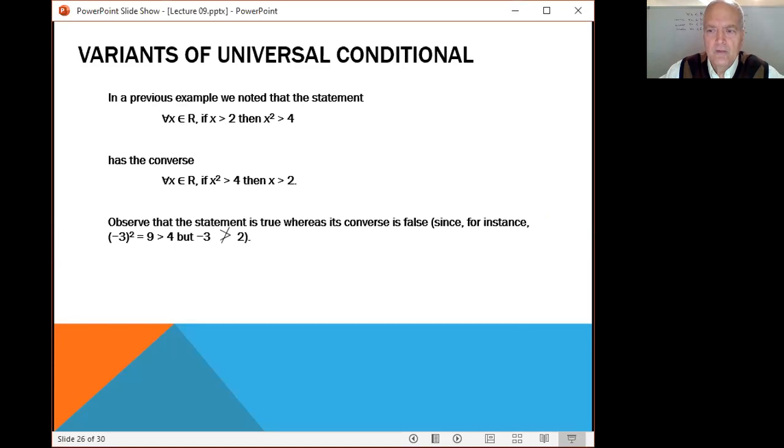The converse of that, by definition, is for all x that's an element of the real numbers, if x squared is greater than 4, then x is greater than 2. But that's not the case because, for example, -3 squared is 9. That's greater than 4, but -3 is less than 2.